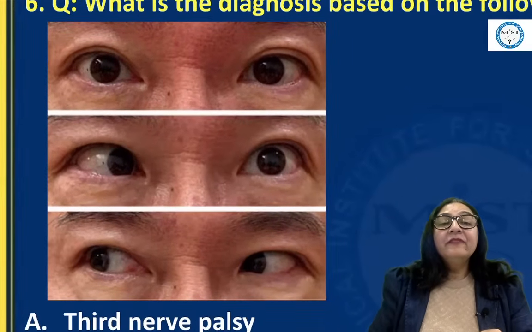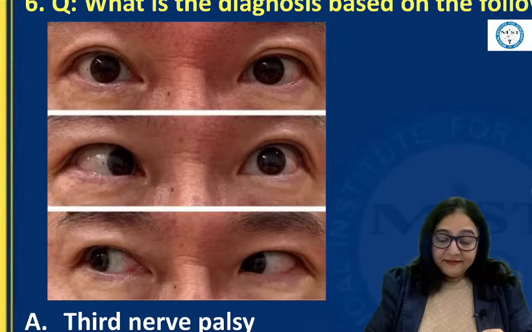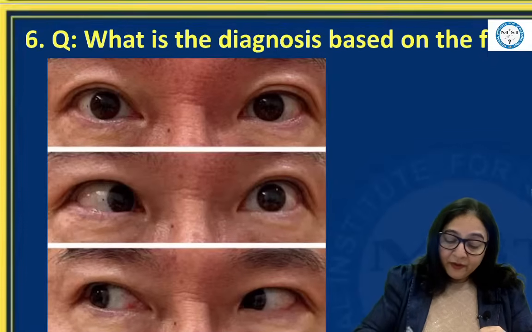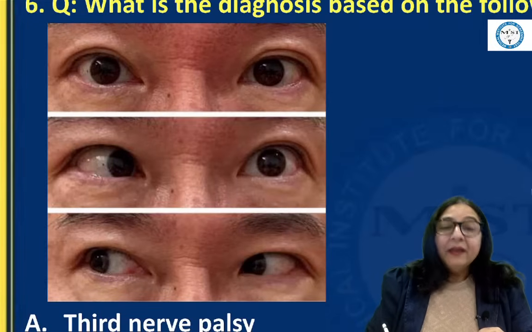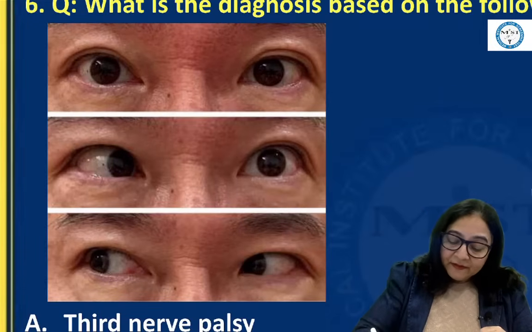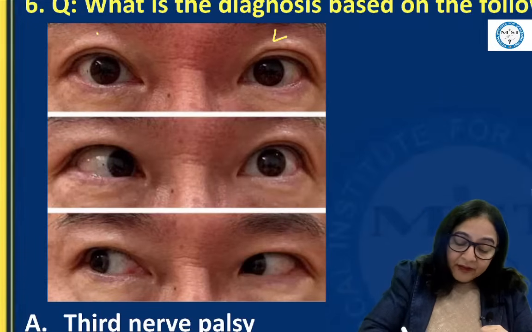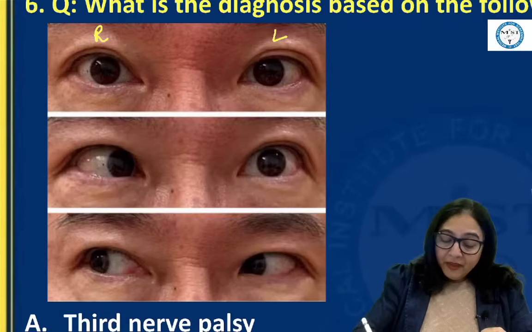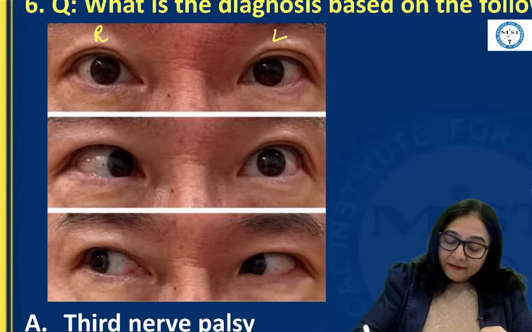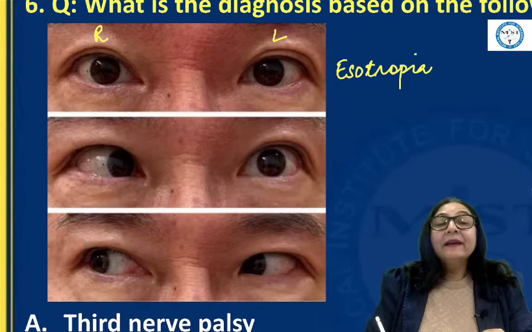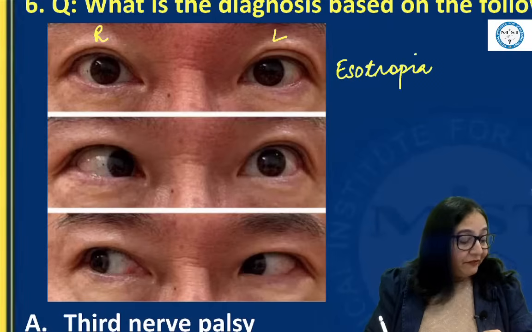So in the top image, what are you seeing? This is the left eye of the patient, this is the right eye of the patient. You are seeing that there is esotropia, a mild convergent squint in the left eye.